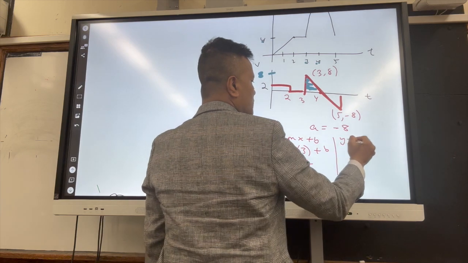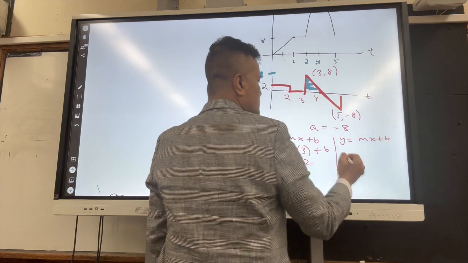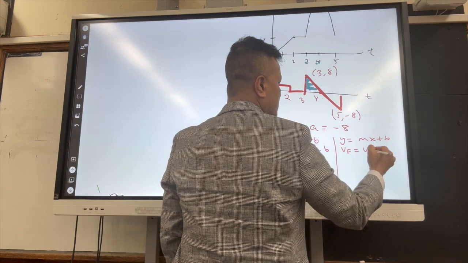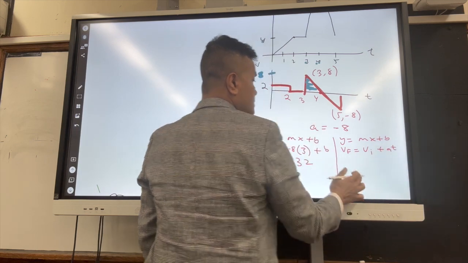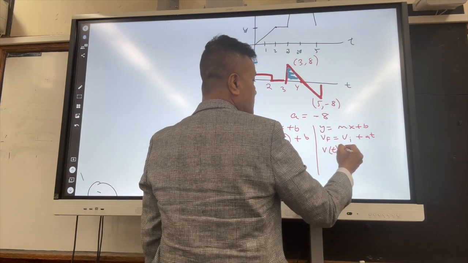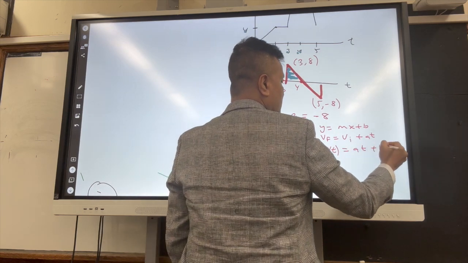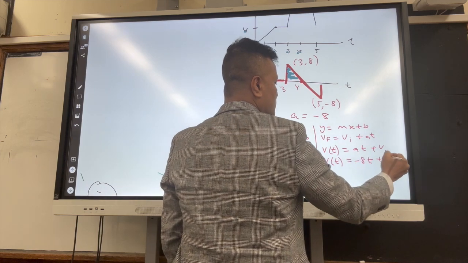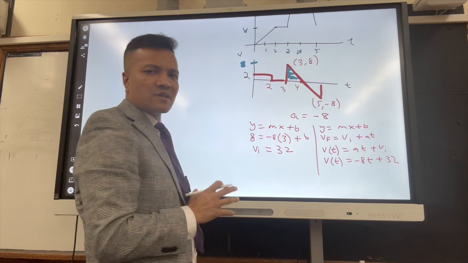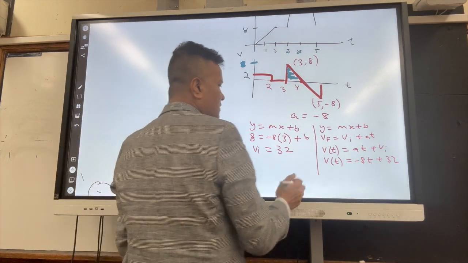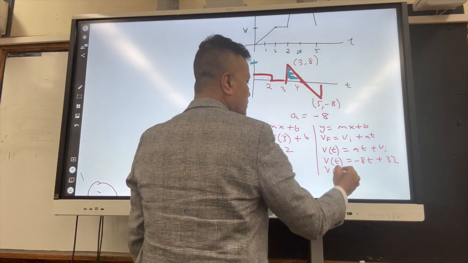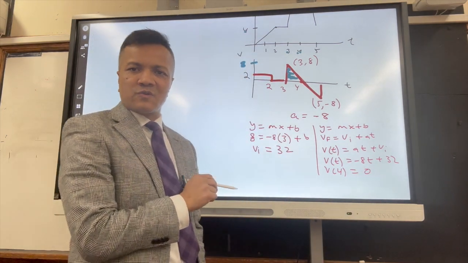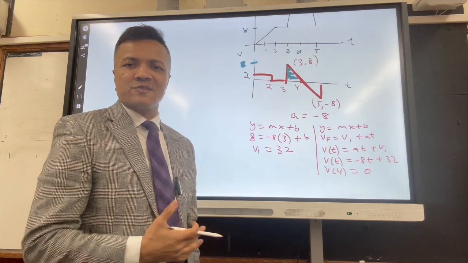Then y equals mx plus b, which is vf equals vi plus at, which is v of t equals at plus vi, which is v of t equals negative 8t plus 32. You can always check whether this equation is right by plugging in 4. At 4 you know the velocity is 0. This equation actually gives you 0 at 4 seconds. That's how you know the equation is right.